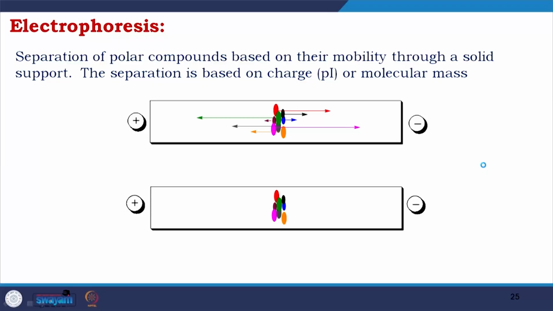So, the proteins are nearly equivalent in terms of charge, and they are separated only through their molecular mass. But then you could use charge and molecular mass, and that is called 2D electrophoresis. So, you could separate them in that way.